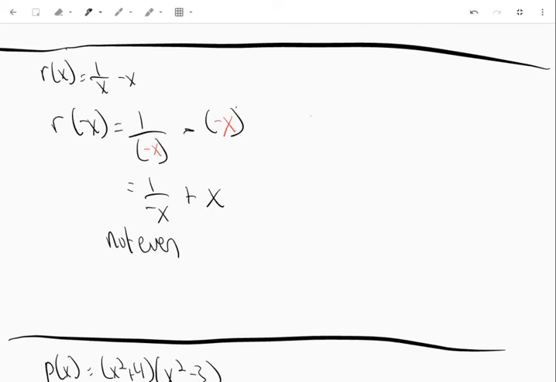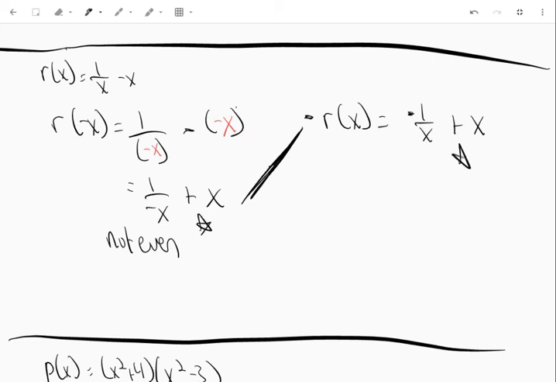Okay, so now I'm going to go and do negative r of x. So I'm going to take the original function and change each term to its opposite. So 1 over x becomes negative 1 over x. Negative x becomes plus x. And if I compare these two, I basically have the same thing I did before.